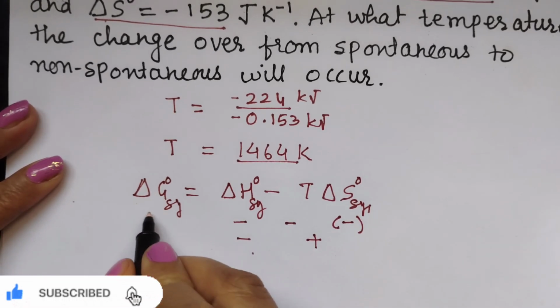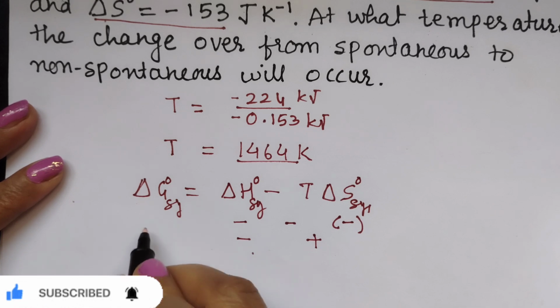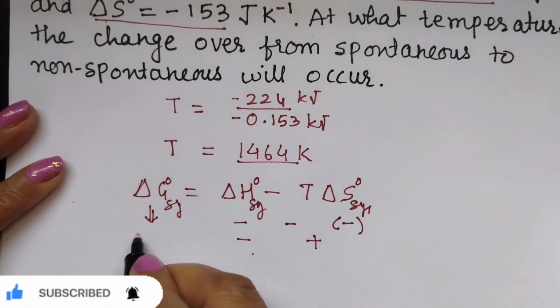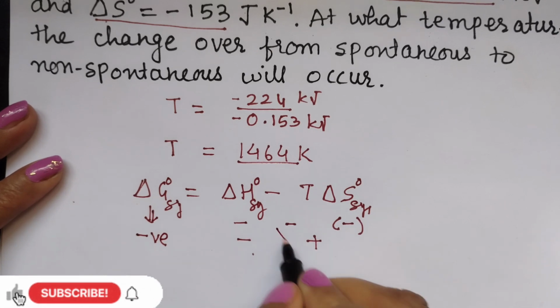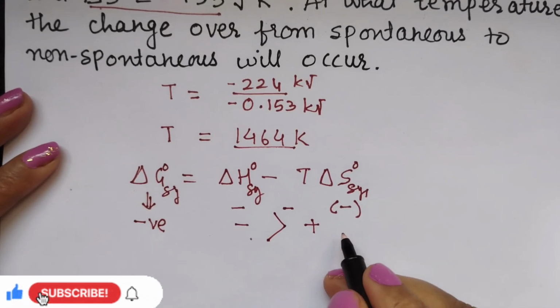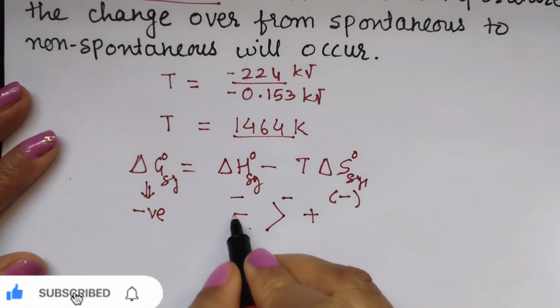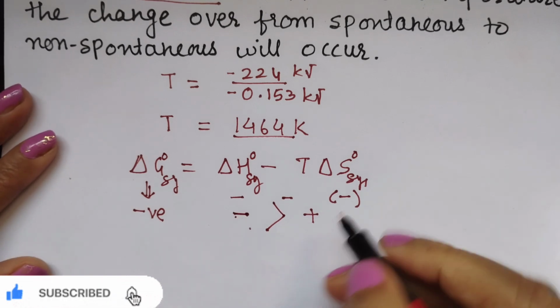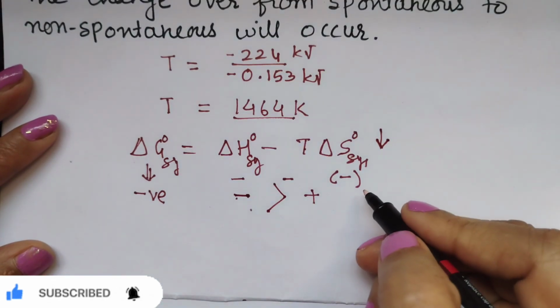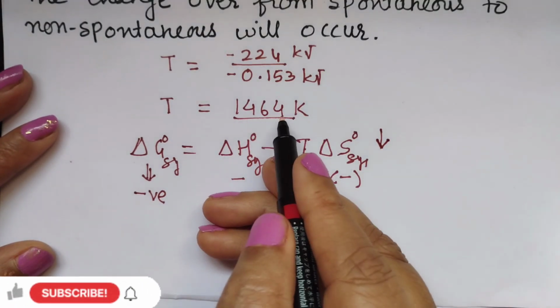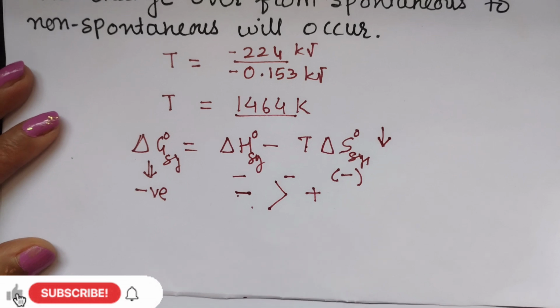Now, if I want the reaction to be spontaneous, the delta G standard must have a negative sign. In order to have a negative sign, delta H should be greater than T delta S product. And if I want this higher than this, the temperature should decrease. So if I decrease the temperature below 1464, then the reaction can be made spontaneous.